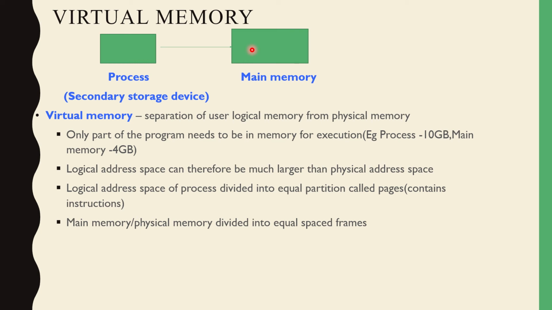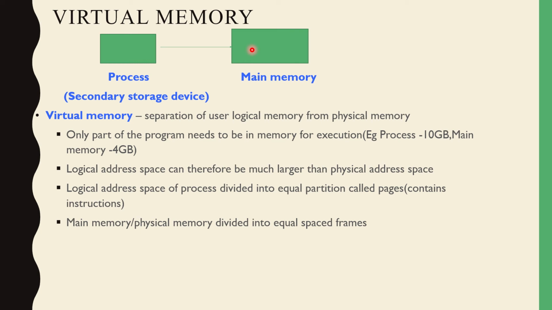Once you click it, what is happening is that the application program, which is usually stored on your hard disk, will be allocated to the main memory. Only then will it execute.